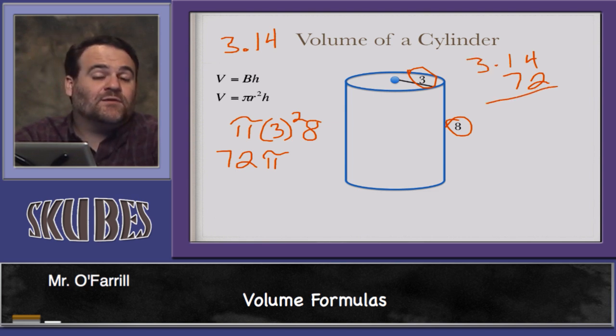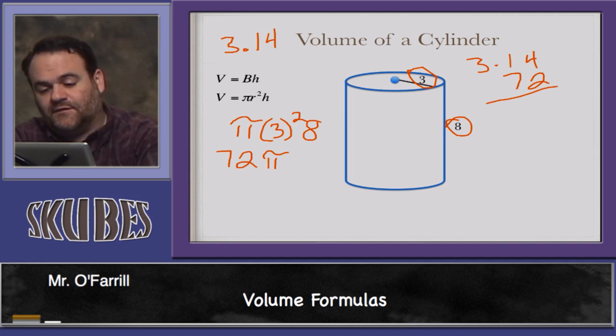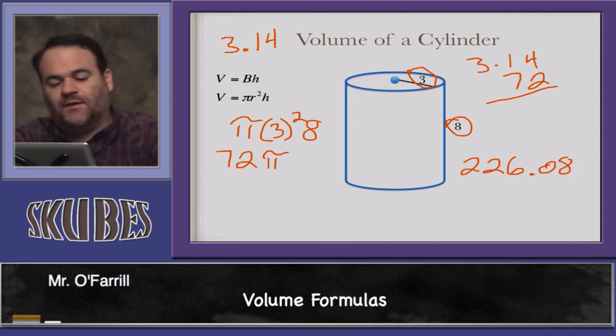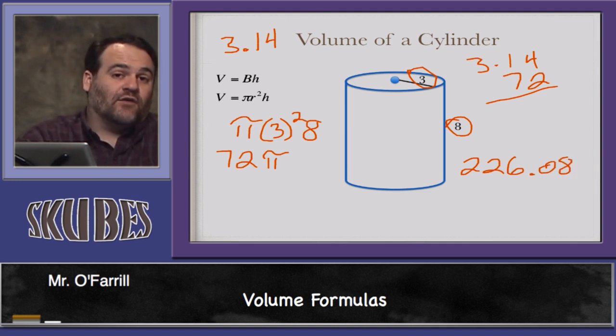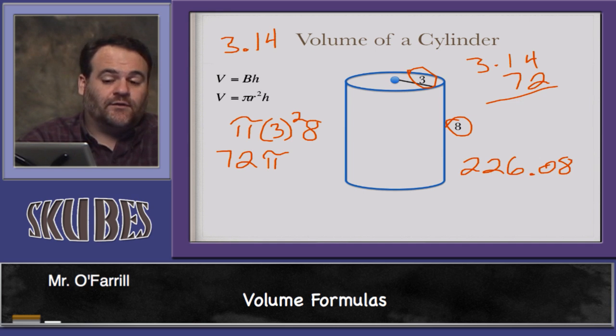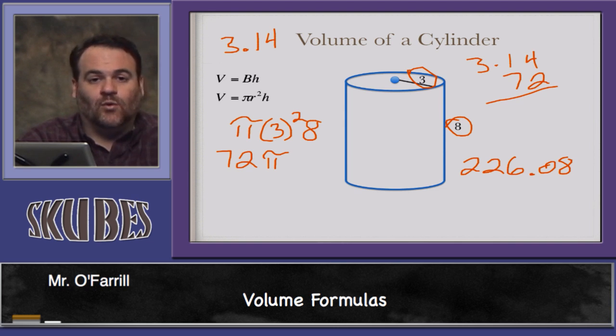And if you do that, let's keep it to 2 decimal places. It's going to be 226.08. And that's the volume of our cylinder. Remember, it's the area of the base times the height, or pi r squared h.